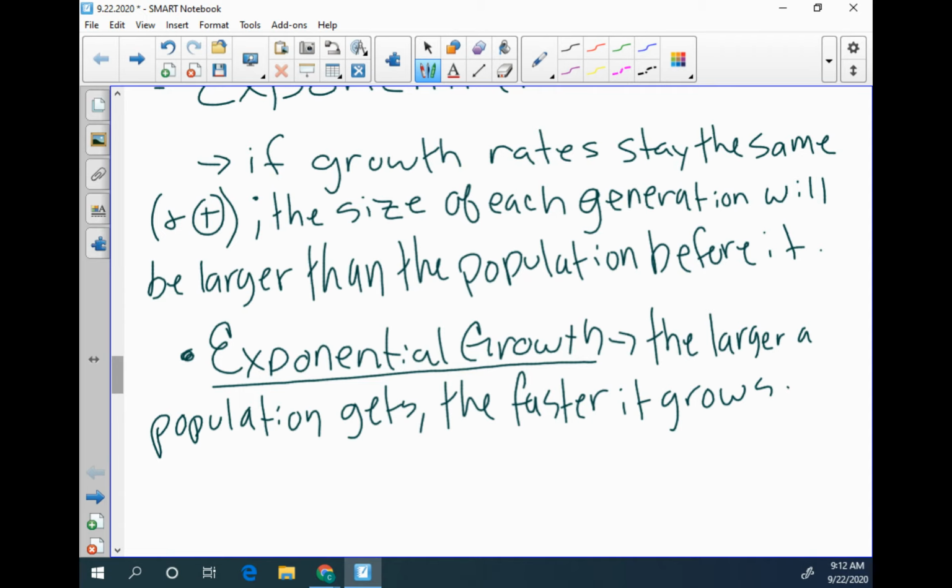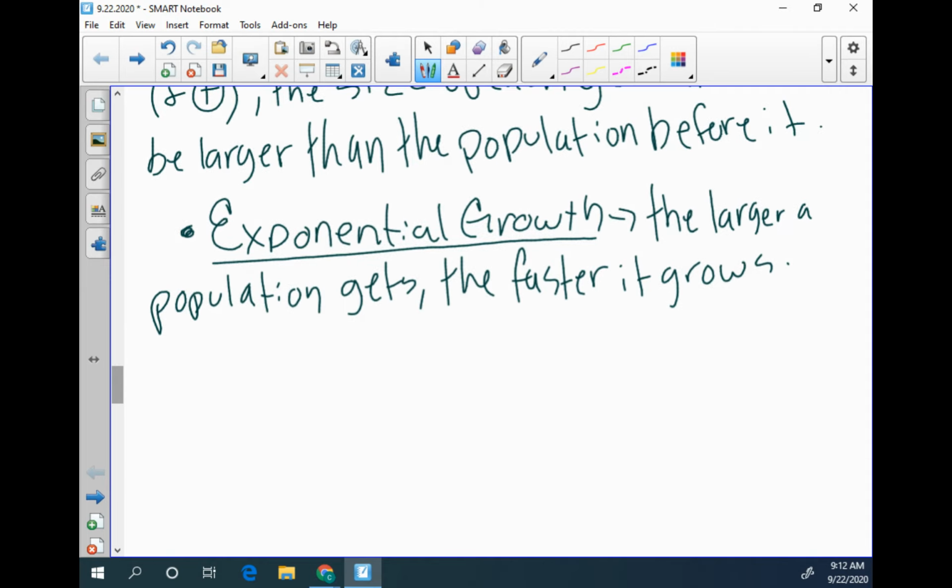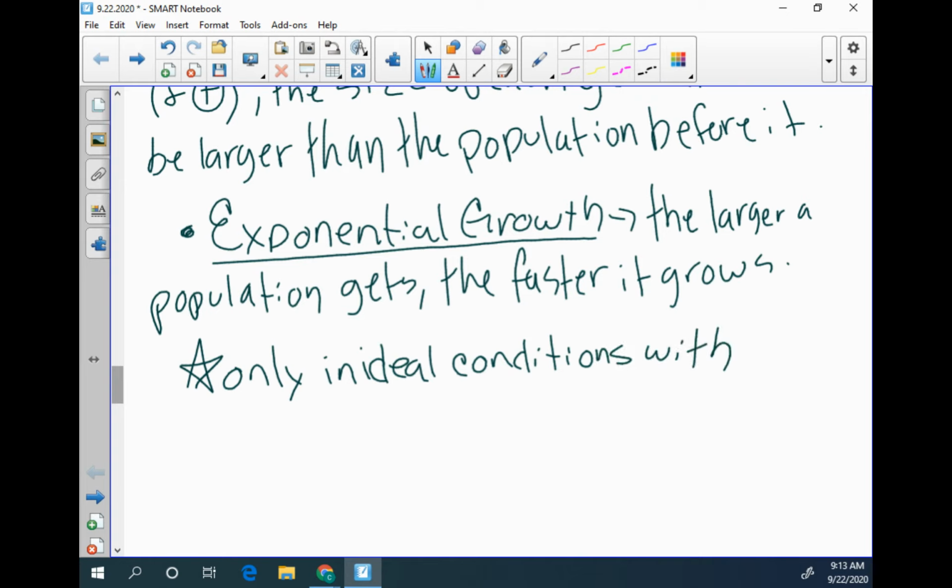This only occurs under ideal conditions with unlimited resources.